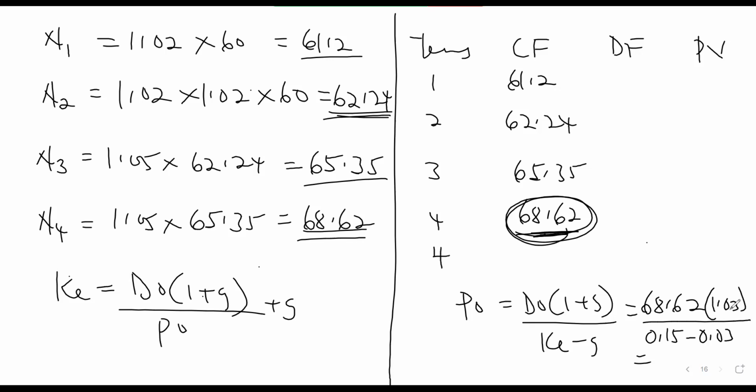Then you use the discount factor at the end of the 4th year to discount it, because it is at the end of the 4th year that the dividend will now grow at a constant rate to perpetuity. So you find the value over here, and that is seen as a value at the end of the 4th year. Then you add it to this particular one and discount the two using the discount factor at the end of the 4th year. It's very simple.